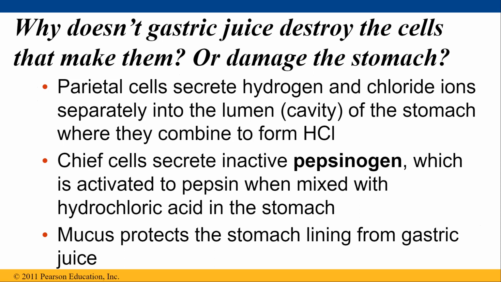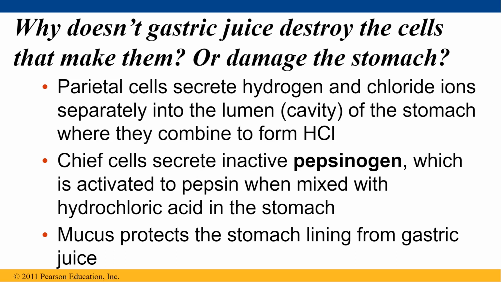That's because there are cells that secrete the hydrochloric acid, but they're not secreting it as hydrochloric acid. They are secreting it as hydrogen ions and chlorine ions, which when they get to the stomach, then combine to form hydrochloric acid. And then we also have chief cells that are secreting what will become pepsin, which is a digestive enzyme that breaks down the protein, but it's not released from the cells as pepsin.